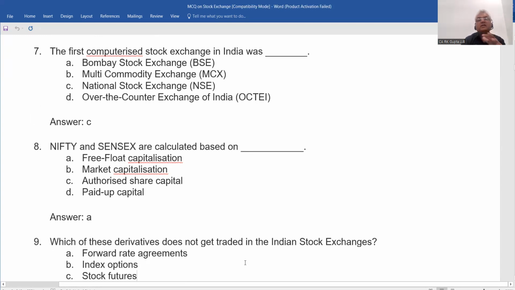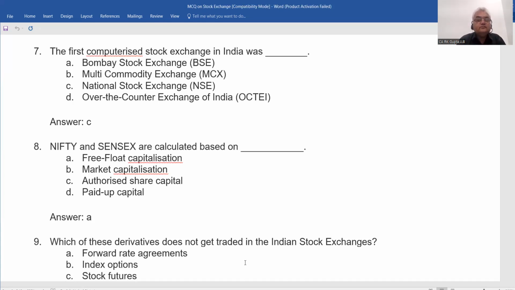Actually, market capitalization is basically, say a company has got say 100 shares, and the market value of those 100 shares is say 500 rupees per share. So then market capitalization is 50,000. So this is the way in which market capitalization is calculated.